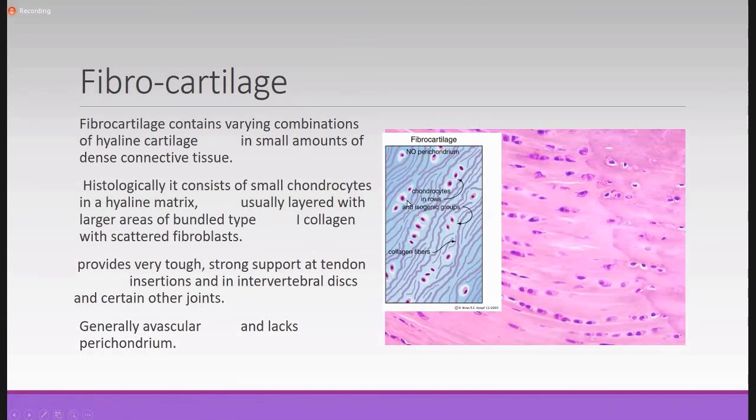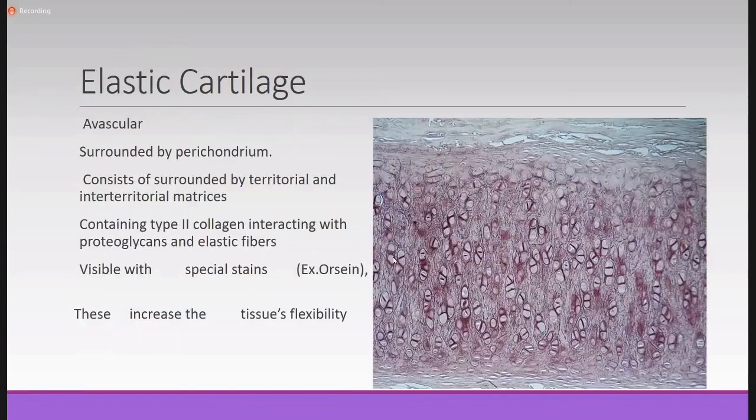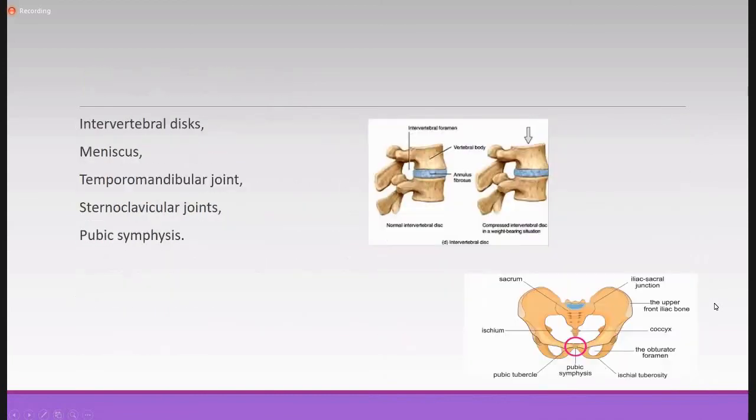In fibrocartilage, you will see groups of chondrocytes running parallel to the collagen fibers. So there's a uniform arrangement of the chondrocytes along with the collagen fibers, whereas in the elastic cartilage, the fibers and the cells were randomly arranged.